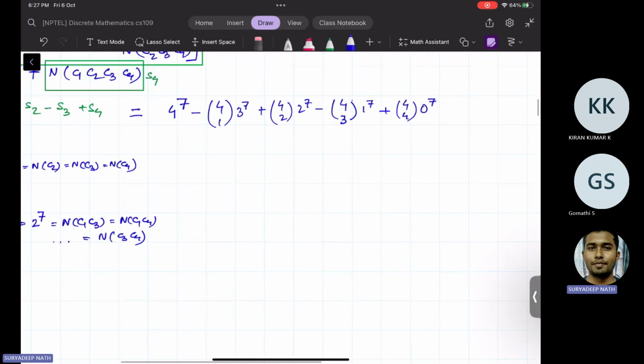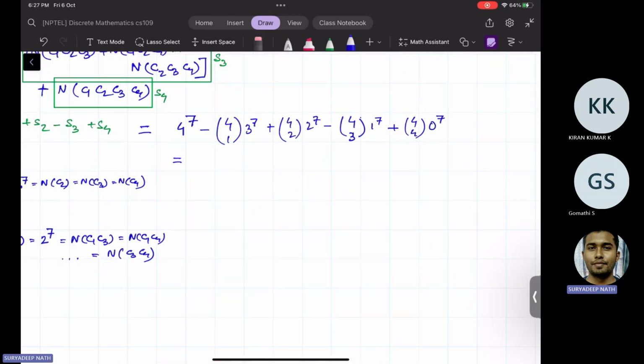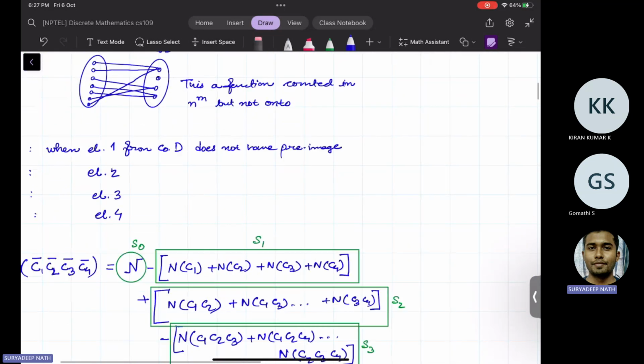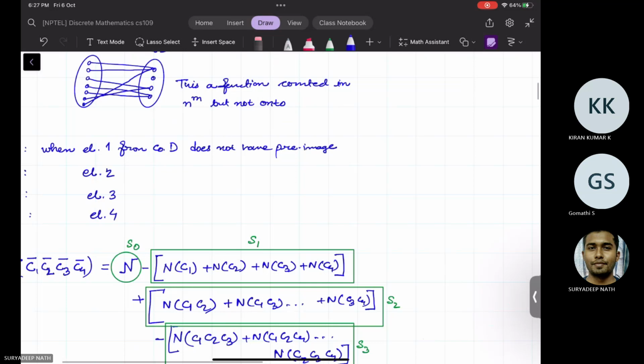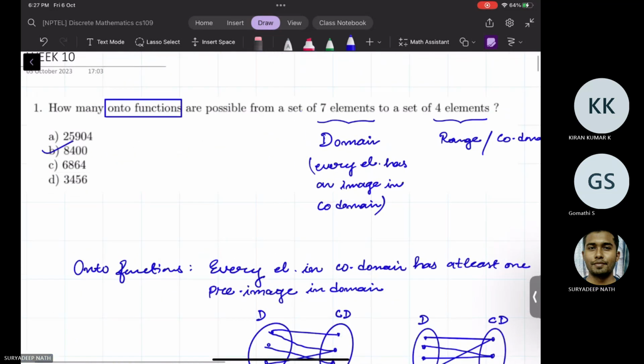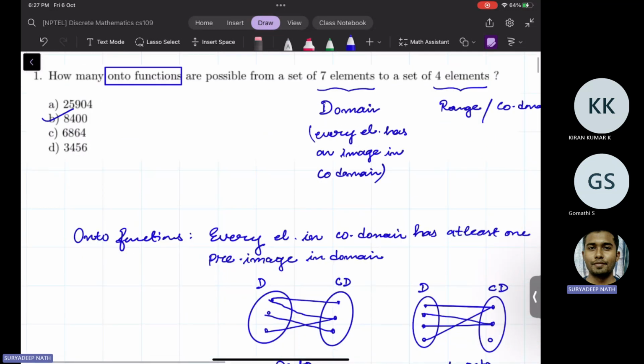So if you plug it in, this would come out to be 8400. So this is the answer for this question. 8400 would be the right answer. So option B is the right answer for this question.